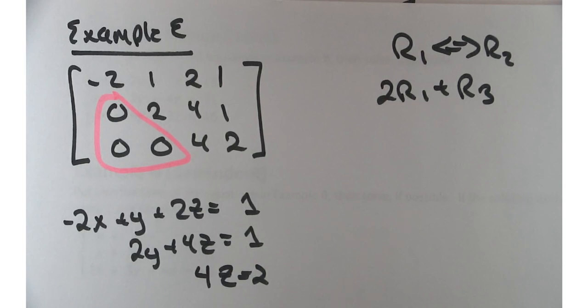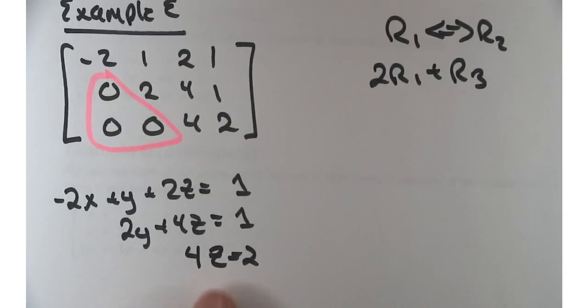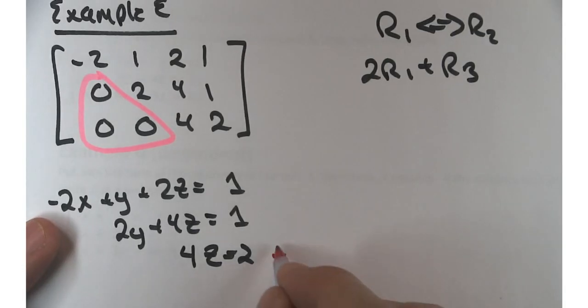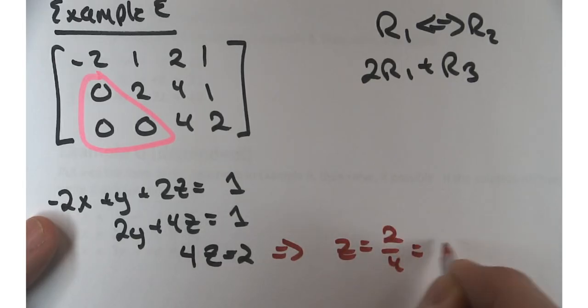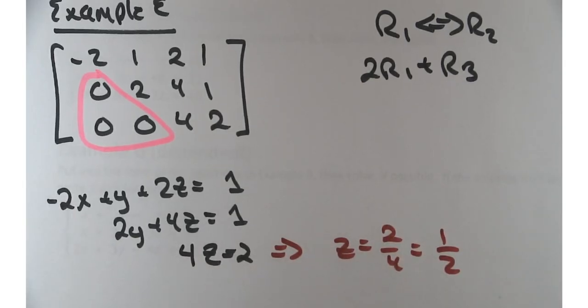In fact, what can you tell me about any of my variables now that we have it in this form? Z equals 0.5. Yeah, z equals 2 divided by 4 or 1/2 or 0.5. Great. There's one of your solutions. Gavin, what can I do to get another solution?